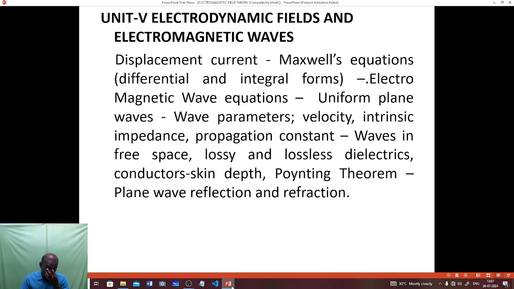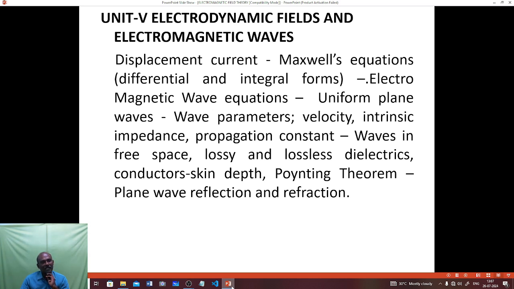Next, electrodynamic fields and electromagnetic waves. Normally we deal with the electromagnetic field as a static one, but in general they are dynamic fields. As a dynamic one, we are going to see the origin of the electromagnetic fields and the electromagnetic waves. They propagate as a wave only, transferring energy.